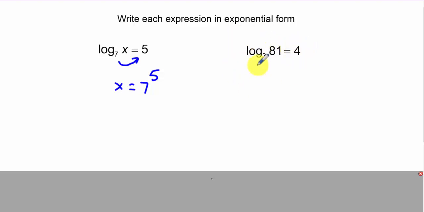Again, I really don't know what log means, but now I slide the base, and I get 81 equals 3 to the 4th. This is a statement that I understand because 3 to the 4th is equal to 81. So now I can get an idea of, okay, to get from this 3 to this 81, I would have had to raise that 3 to the 4th power.